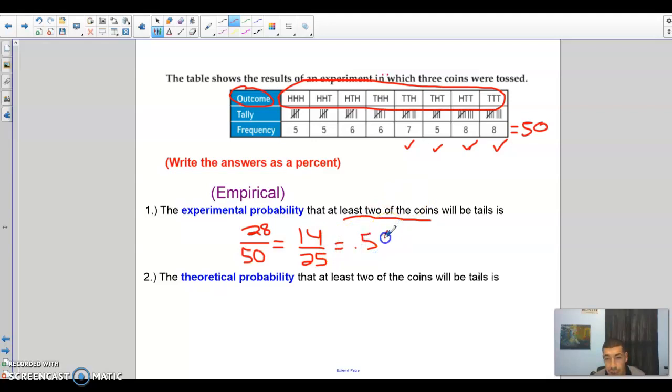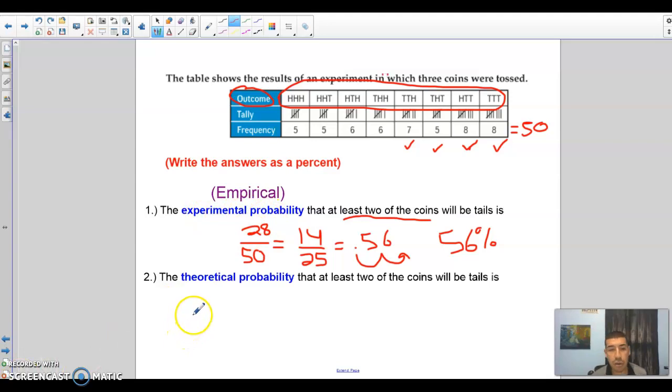Because they want it as a percent, you move the decimal twice to the right, and you will get 56% for an answer. Again, I do apologize for my writing. 56%. So that is the answer for experimental probability.